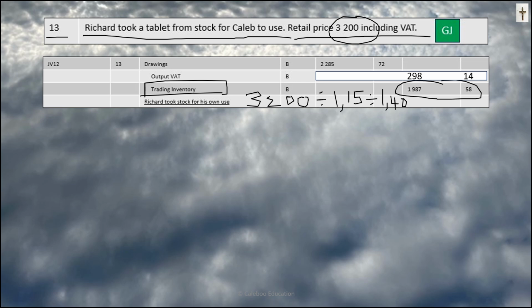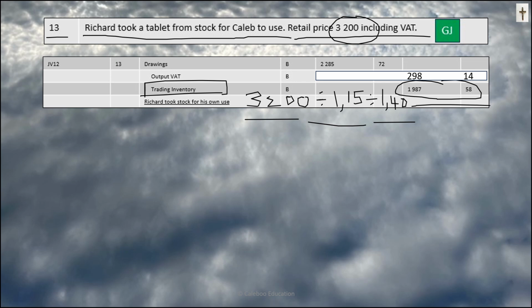So I said 3,200, take off the VAT, divide by 1,15, take off the markup on the cost price of 40%, so I divide by 1,4, and that gives me 1,987 and 58. You can go punch that into your calculator and check.